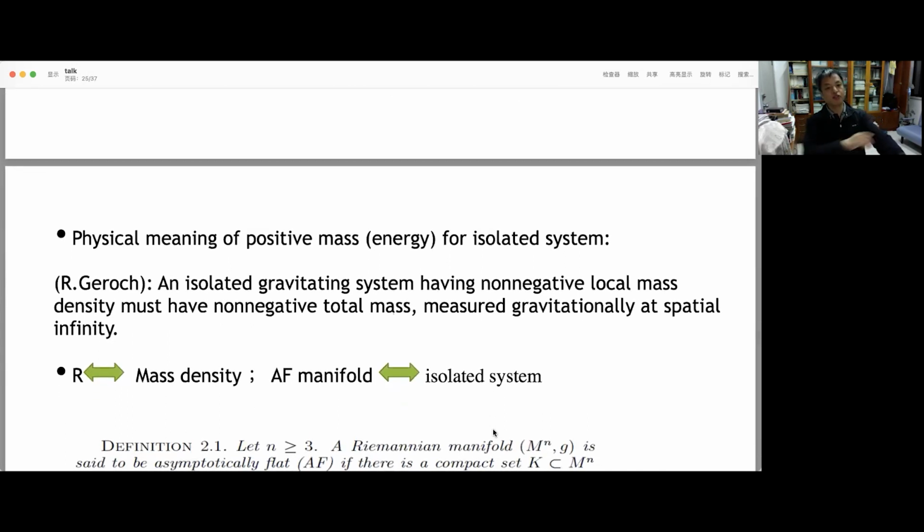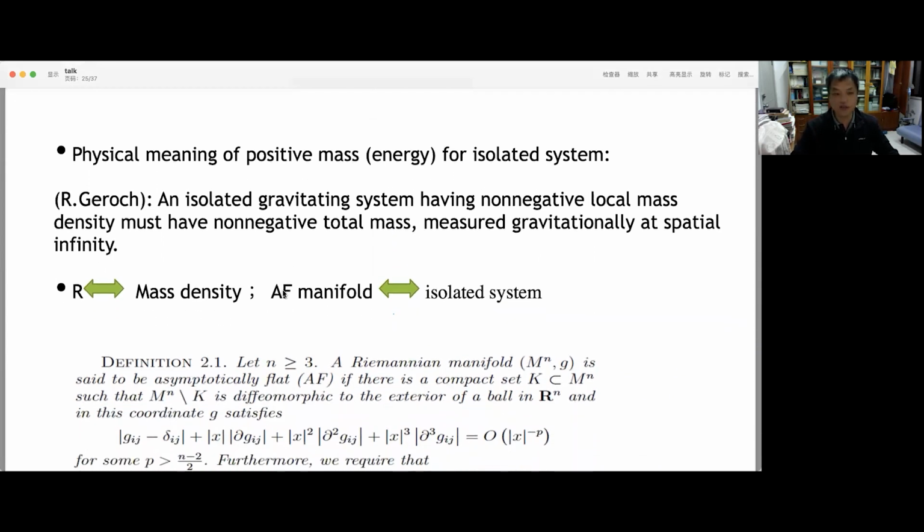So now, before that, let me say a few words on the positive mass theorem. According to Gerald, the physical meaning of the positive mass theorem is that an isolated gravitating system with non-negative local mass density must have non-negative total mass measured gravitationally at spatial infinity.